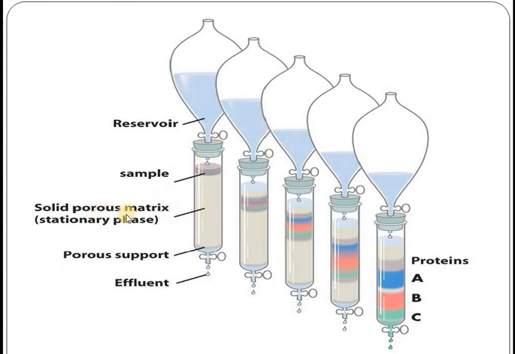Solid porous matrix. This is the stationary phase, the porous spot, and the effluent. The samples are running down and separate into A, B, and C. This is a mixture of protein types.